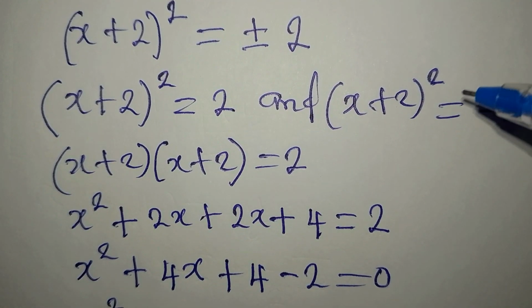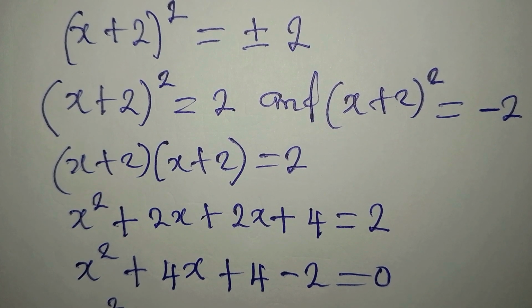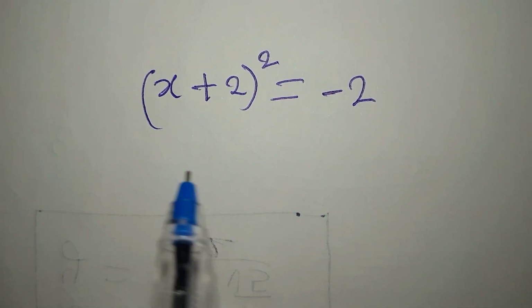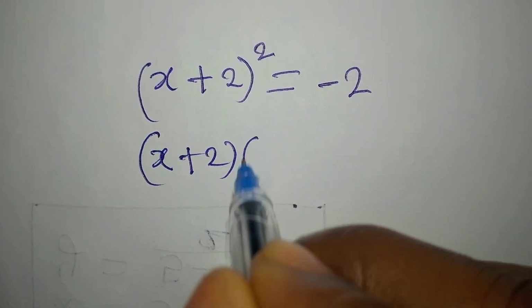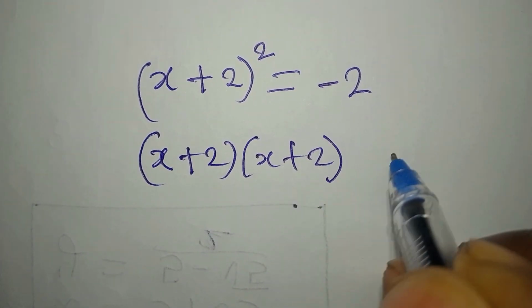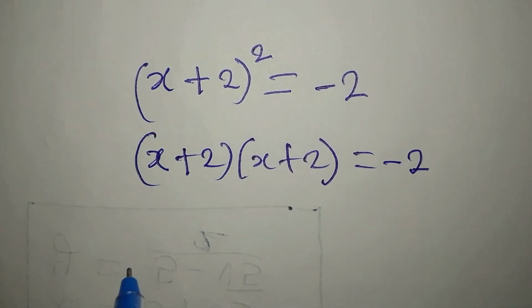We have (x + 2)² = -2. So let's deal with that very quickly. Okay, so this is the second equation, and we have (x + 2)(x + 2) equals -2.